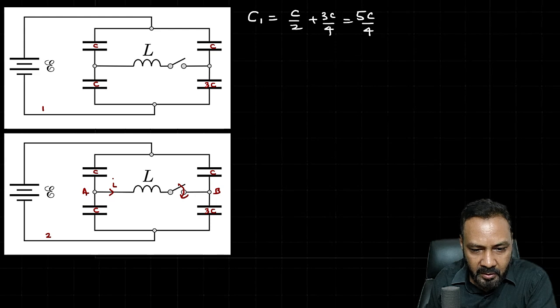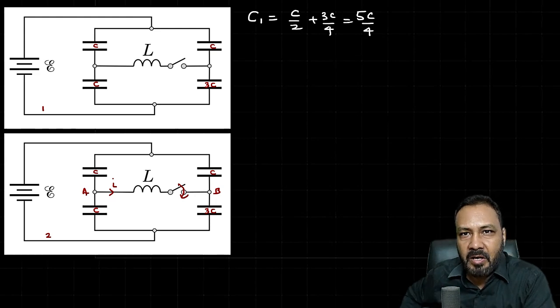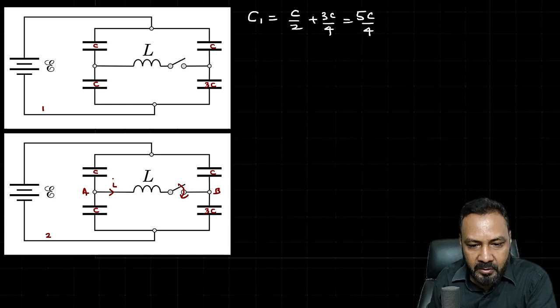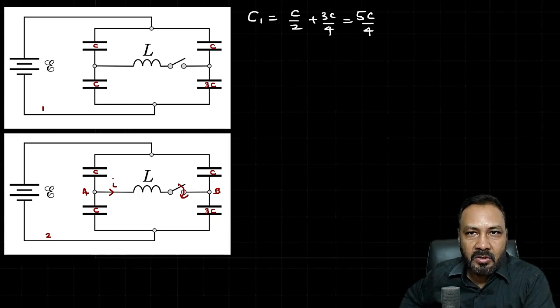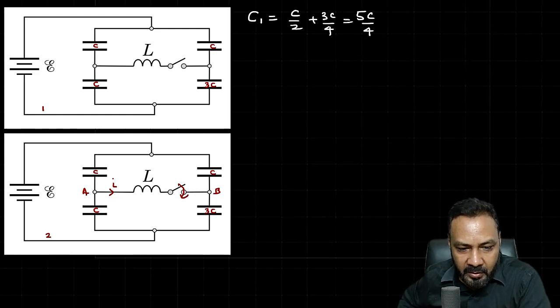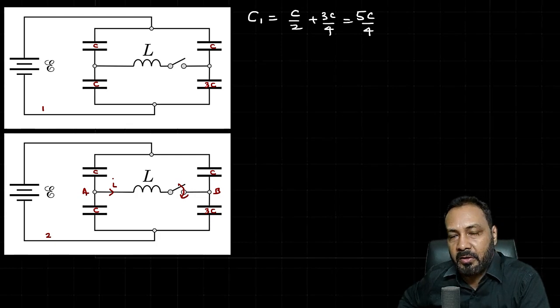When this current would be maximum, obviously di by dt would be 0. Voltage across inductor is L di by dt. If di by dt is 0, the voltage across the inductor is 0. That also happens at the steady state. So when the current is maximum, there is no PD across the inductor.